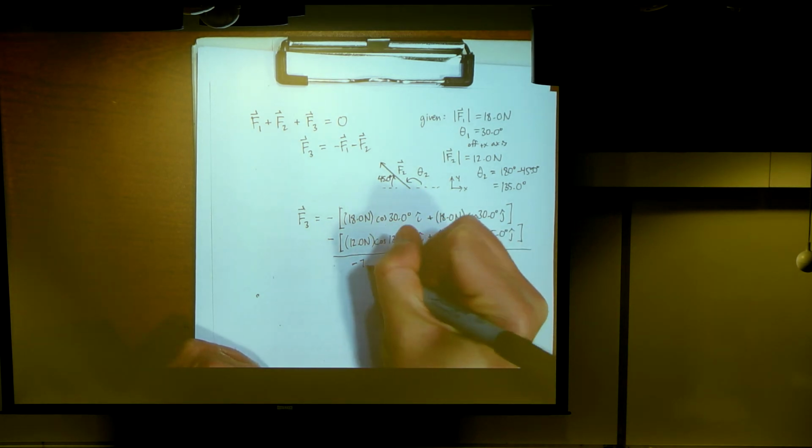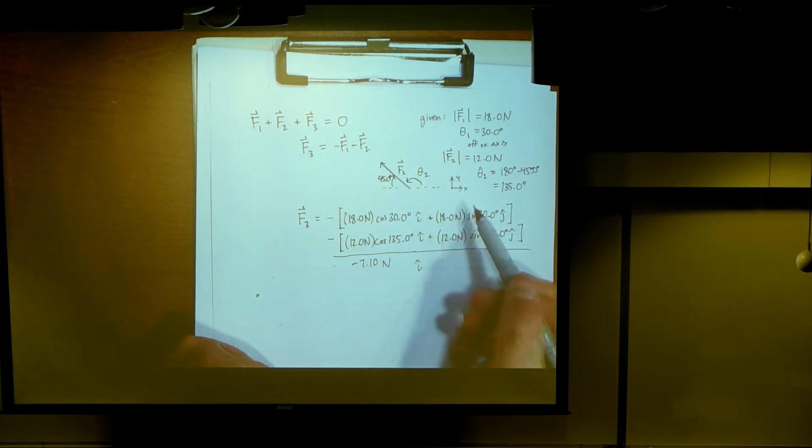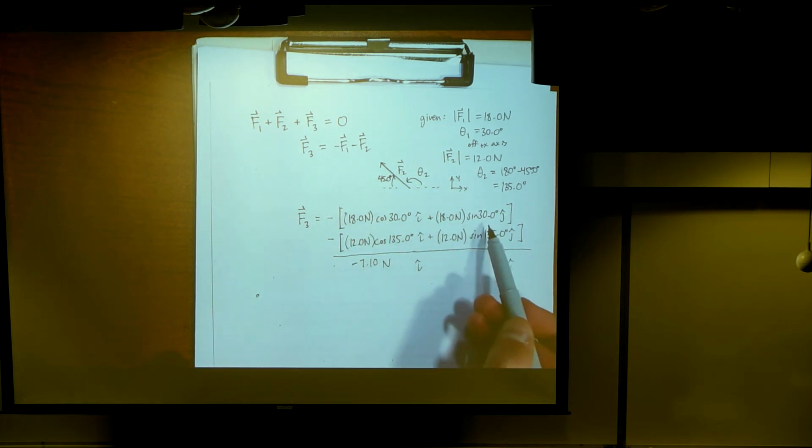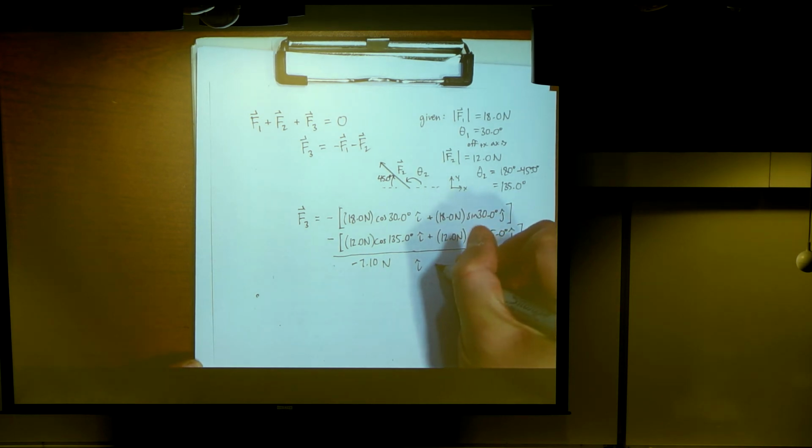All right, this is minus 7.10 newtons. And then what about for the y component? Just do the same thing except switch cosine with sine. Yeah, so this is like minus 17.5 newtons.